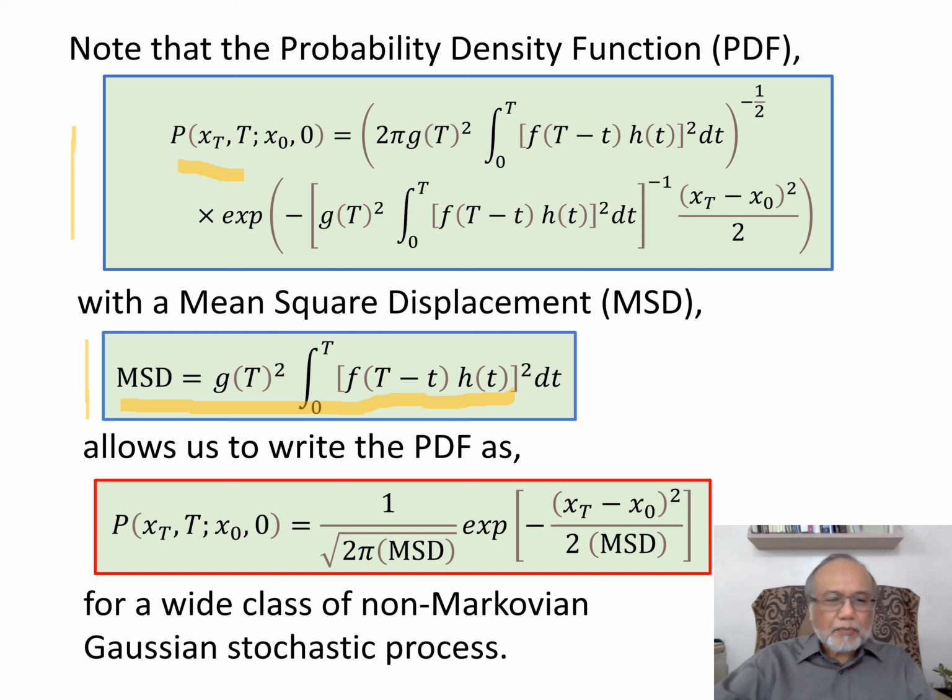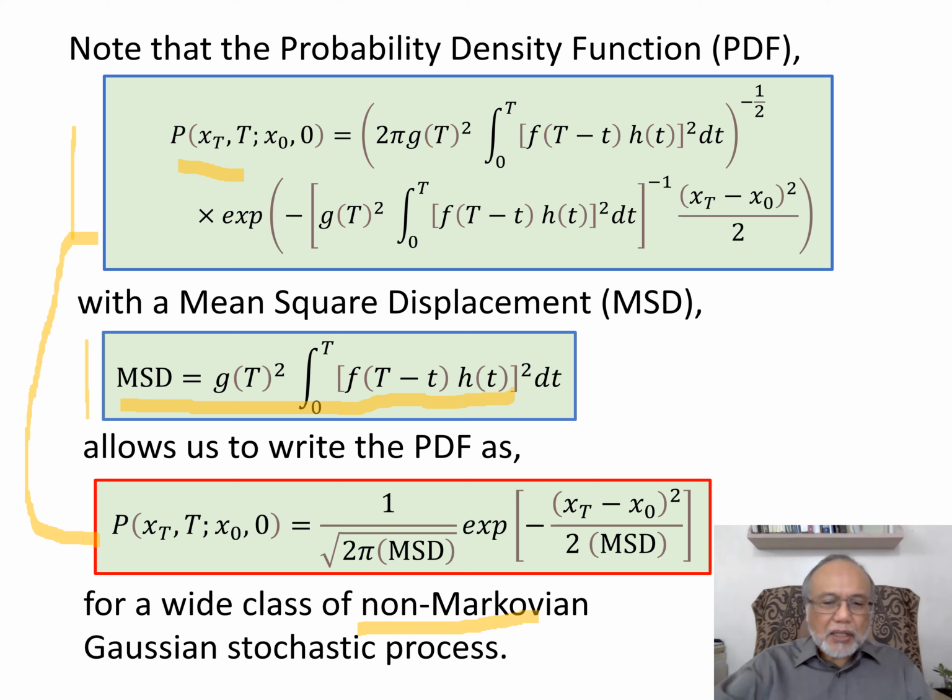If you do that, we can write our probability density function in this much simpler form. So you would notice that we are dealing here with a wide class of non-Markovian Gaussian processes.